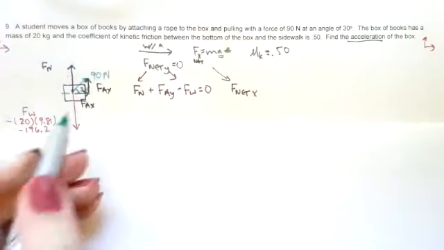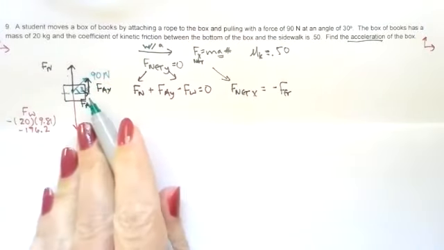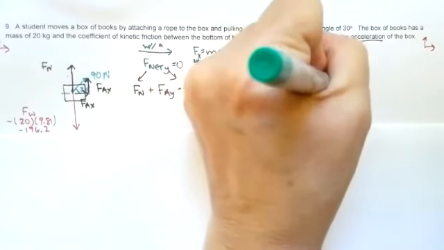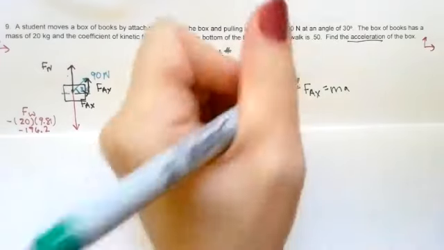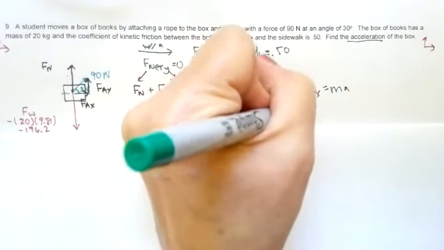F net X is going to be my negative friction force plus FAX is going to equal my mass times my acceleration. And remember, force of friction is equal to mu sub K Fn.